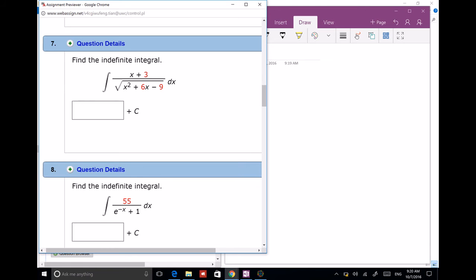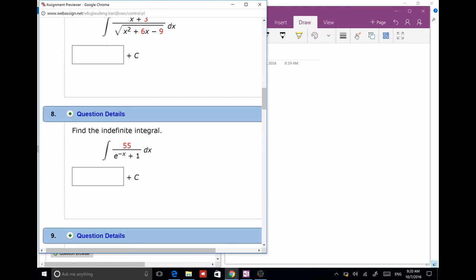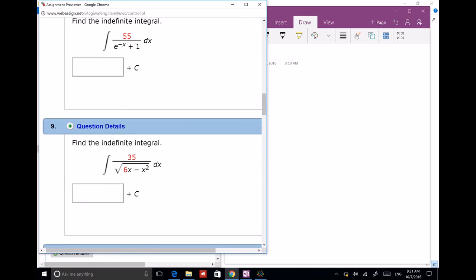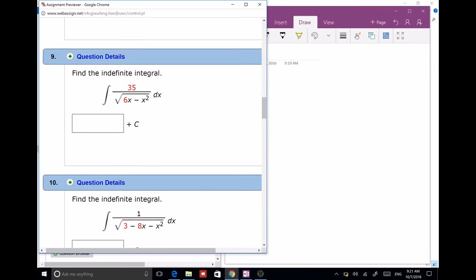Factor 2 out. Number 8, you multiply the top and the bottom both by e to the power X. Number 9, you need to complete the square form. Use a formula.